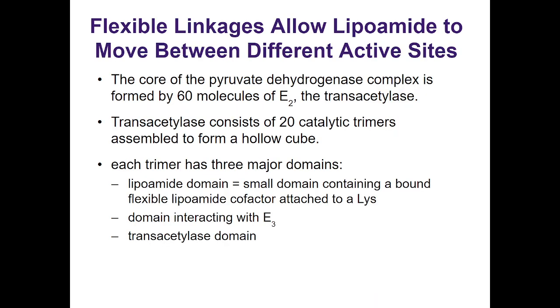Okay. So the core of the pyruvate dehydrogenase complex is going to be formed by 60 molecules of your E2. This is the transacetylase. The transacetylase consists of 20 catalytic trimers that are going to be assembled to form a hollow cube. Remember when we just had 1 or 2 catalytic trimers and we're like, woo, here you go, 20 of them.